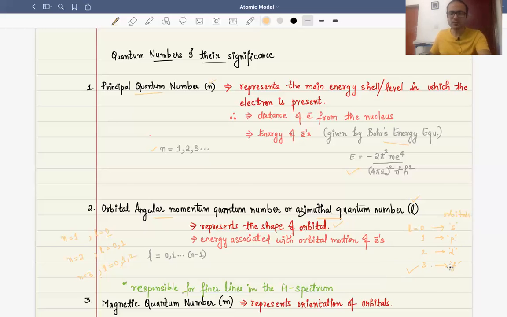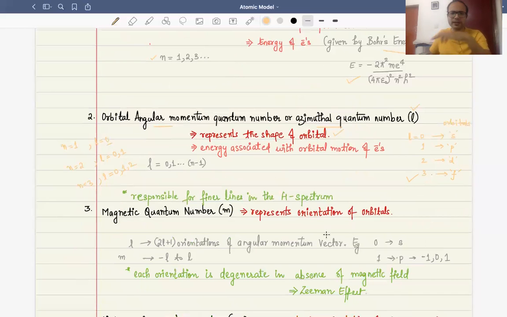Okay, so now here I have written down an important point, that it is responsible for the finer lines in the hydrogen spectrum. When we talked about the drawbacks of Niels Bohr's model, we said that one of the drawbacks was the finer lines.